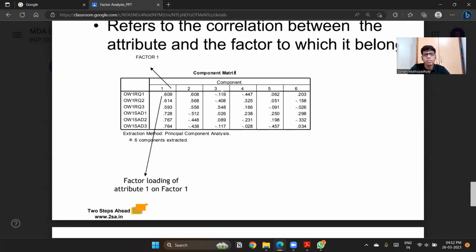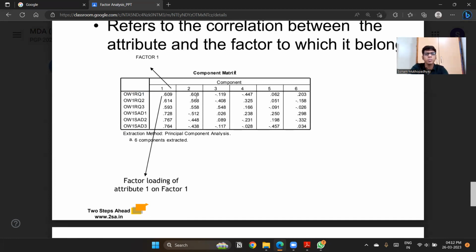These factor loadings will help you analyze whether this particular variable will go into factor 1 or 2 or 3 or 4. Still, factors 1 and 2 have very close values, 0.609 and 0.608.